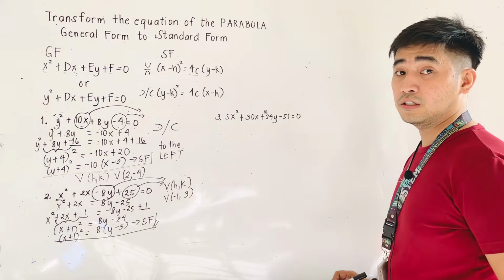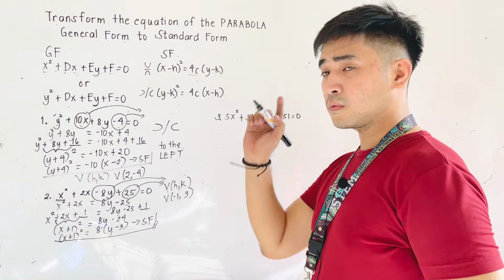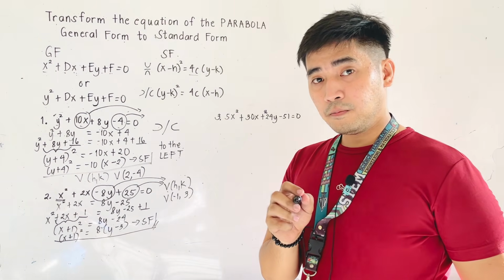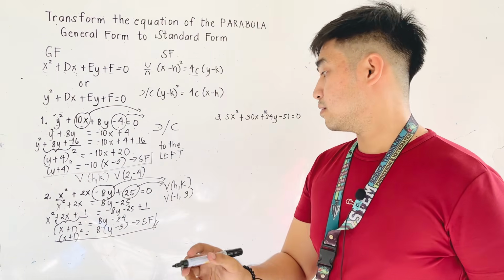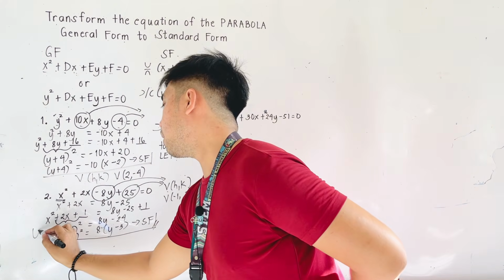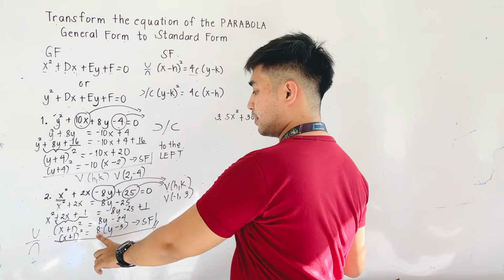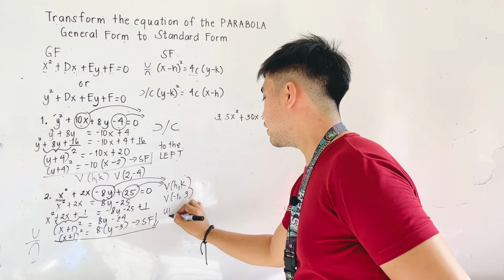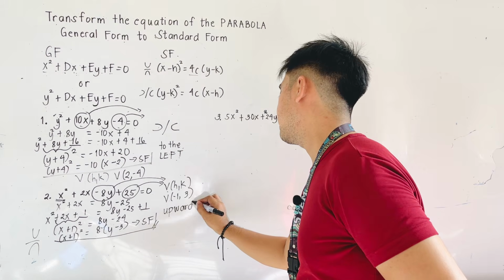And that is the location of the vertex. But last one, where does the parabola open? Since this is x squared, we could say that it will open up or down. But what is the sign of the right side? It is positive. Therefore, it is opening upward.